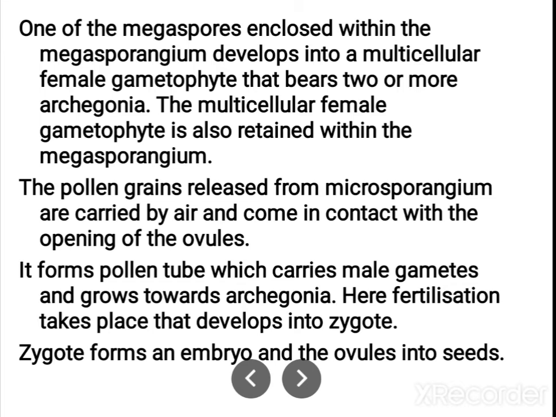Here the pollen grains released from the microsporangium are carried by air currents, and when they come in contact with the ovules, the pollen tube forms and grows towards the archegonia, and fertilization occurs and develops into a zygote. The zygote forms the embryo, and the ovules develop into seeds.